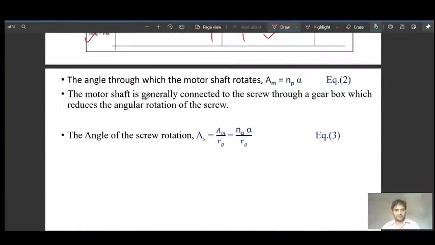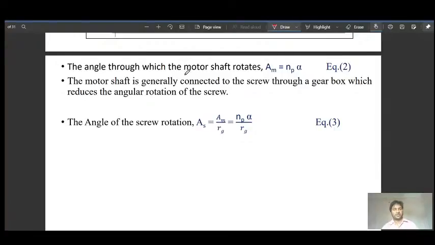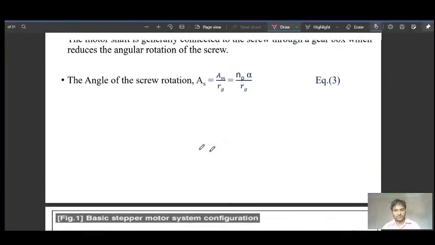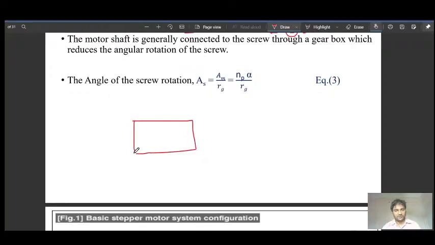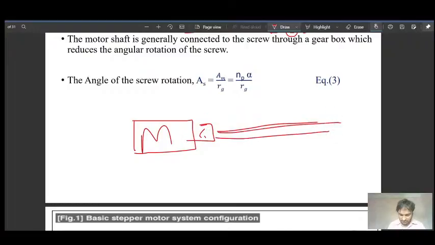So next, the angle through which the motor shaft rotates is given by Am, A for angle, m subscript for motor, is Np, p is the pulse, number of pulses into alpha. As you can see, in one pulse, whatever motor is there, suppose this one is the motor and then gear reduction and then the lead screw.